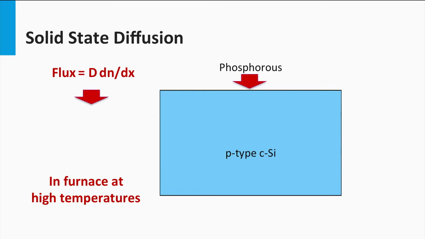At these high temperatures, the dopant atoms are mobile in the solid, and based on Fick's law, the dopant atoms will diffuse into the wafer. Similar to what we have discussed in week 2 for charge carrier diffusion, net diffusion occurs when there is a density gradient. The diffusion process is controlled such that the dopants penetrate into the solid to establish the desired emitter thickness.